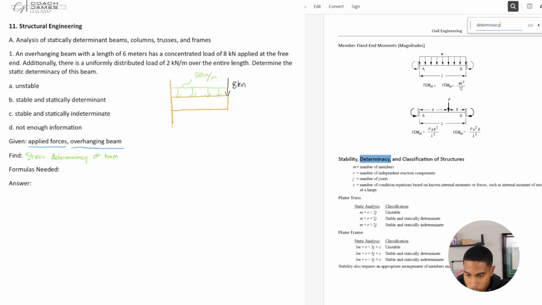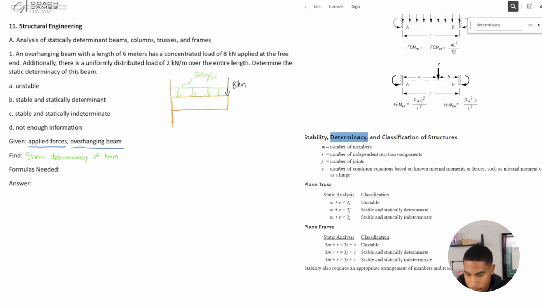So we need to determine the number of members. I would specifically use the frame equations down below, and I'm going to zoom in so you can see it a little better.